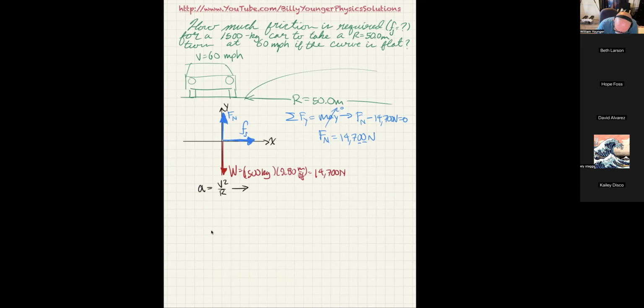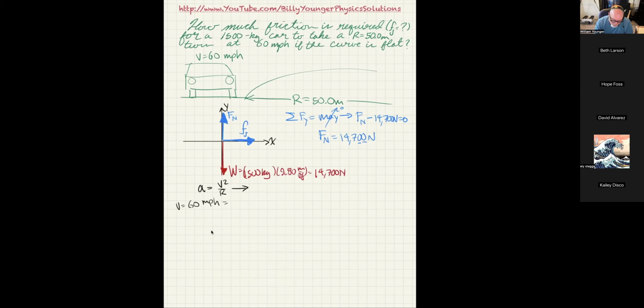But a = v squared over r. v, by the way, is equal to 60 miles per hour, and I have a calculator that will quickly tell me what that is. I should know it off the top of my head, but I'm likely to make some mistakes.